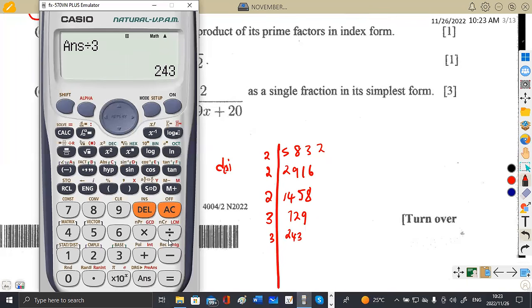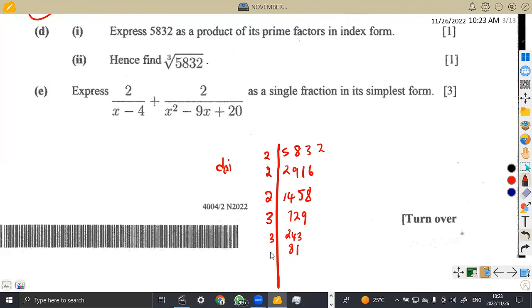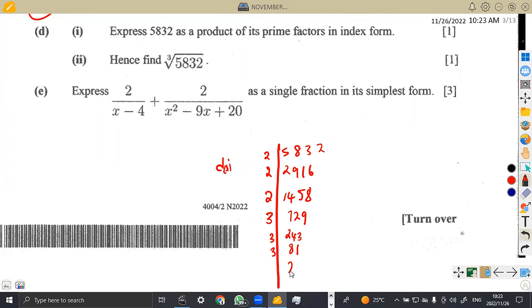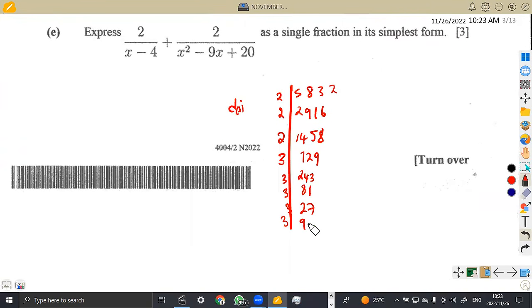That means we are going to have 81. So this will be 81 divided by 3 again, that's 27, isn't it, guys? 27 divided by 3, that is 9. 9 divided by 3, that is 3. 3 divided by 3, which is 1. Okay, so that's it.